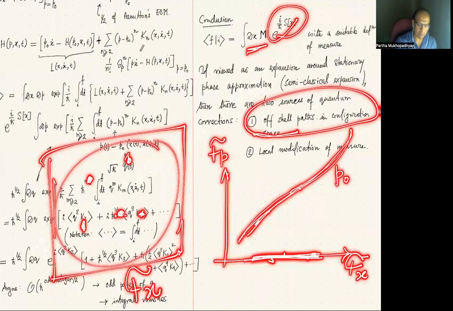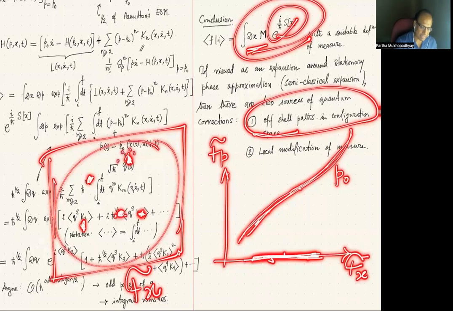And since h bar goes to 0, because of the stationary phase argument, this path integral also will have maximum contribution from these isolated extrema, and then there will be h bar corrections.